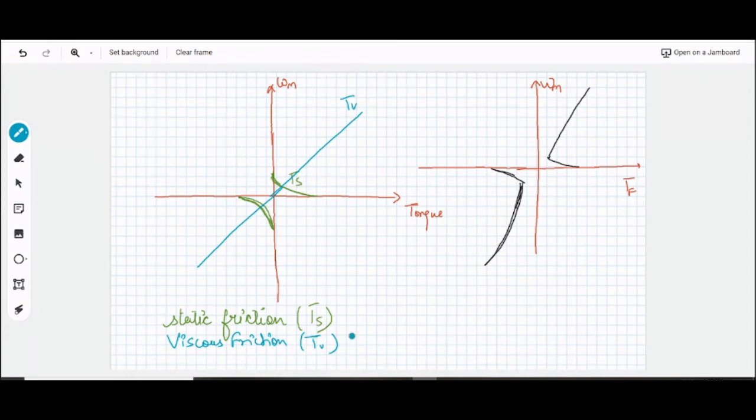And we know that this viscous friction directly varies with the speed, means it is proportional to the speed. So we can write that TV is equals to B omega M, where B is the coefficient of viscous friction or viscous friction coefficient.